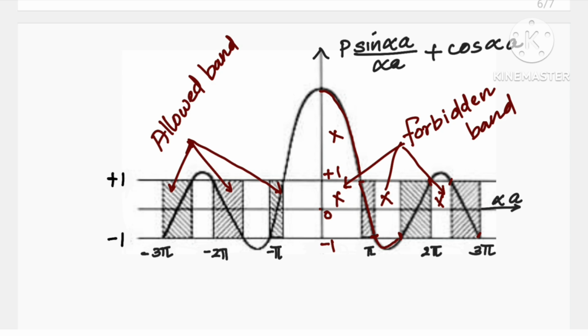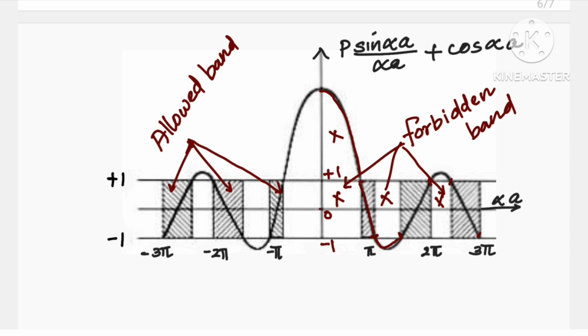And from the graph we can conclude that the energy spectrum of an electron consists of a large number of allowed bands and also forbidden energy bands. We can also conclude that the width of the allowed energy band increases with the increase of energy value.